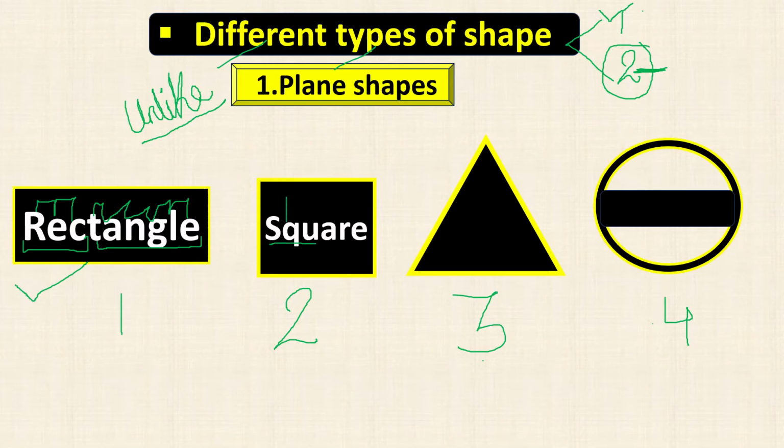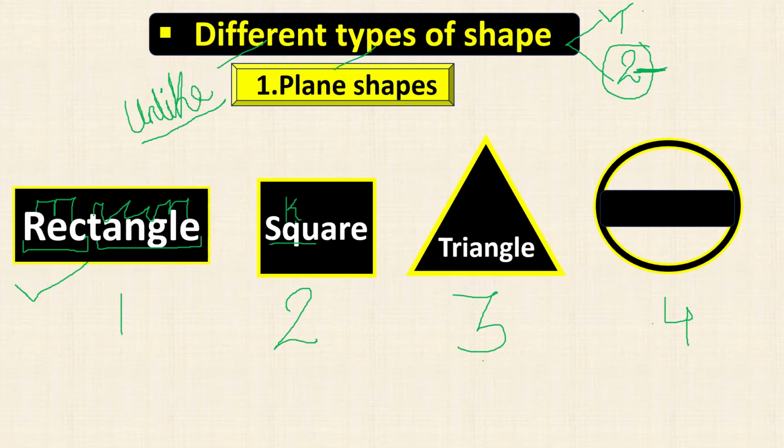It's QU, the Q is pronounced as K. So it's a square. It's not easy to break into two parts, so pronounce it as a square. Clear?